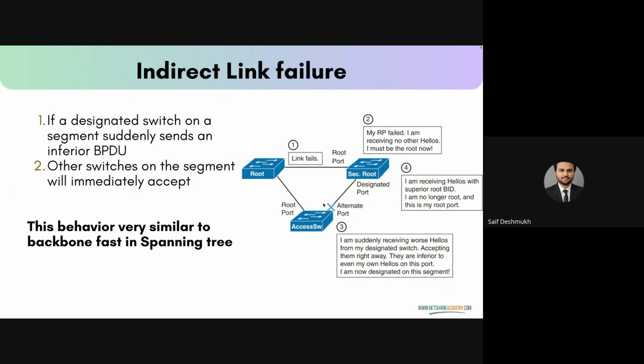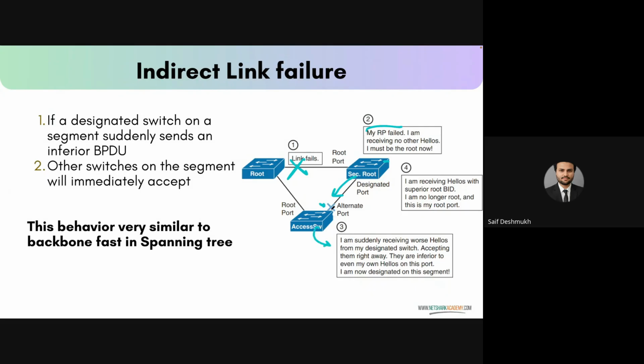Here, this is our blocked port. The link has failed here. This switch says, hey, my root port failed. I am receiving no other hellos, no other BPDUs. I am the root bridge. So it starts sending BPDUs claiming to become the root bridge.